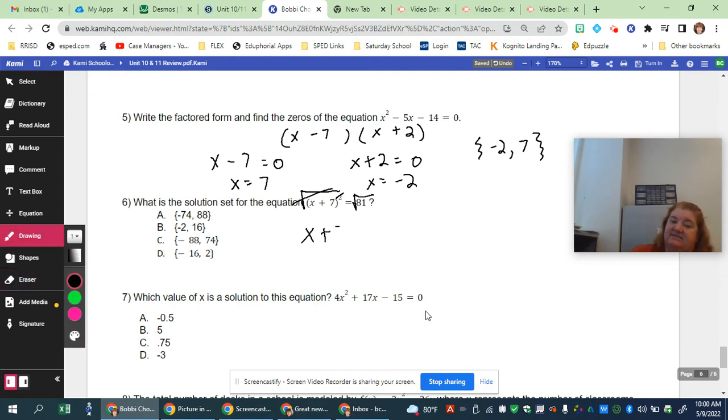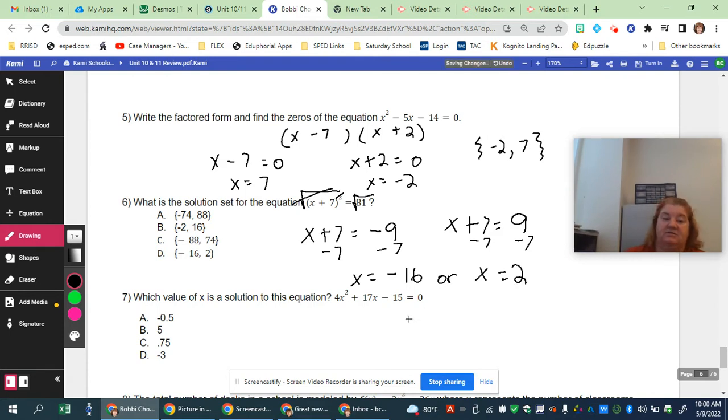X plus 7 equals negative 9, and x plus 7 equals positive 9. Okay, that's the negative and positive. So minus 7, x equals negative 16, or x equals 2. So negative 16 and 2 right there.